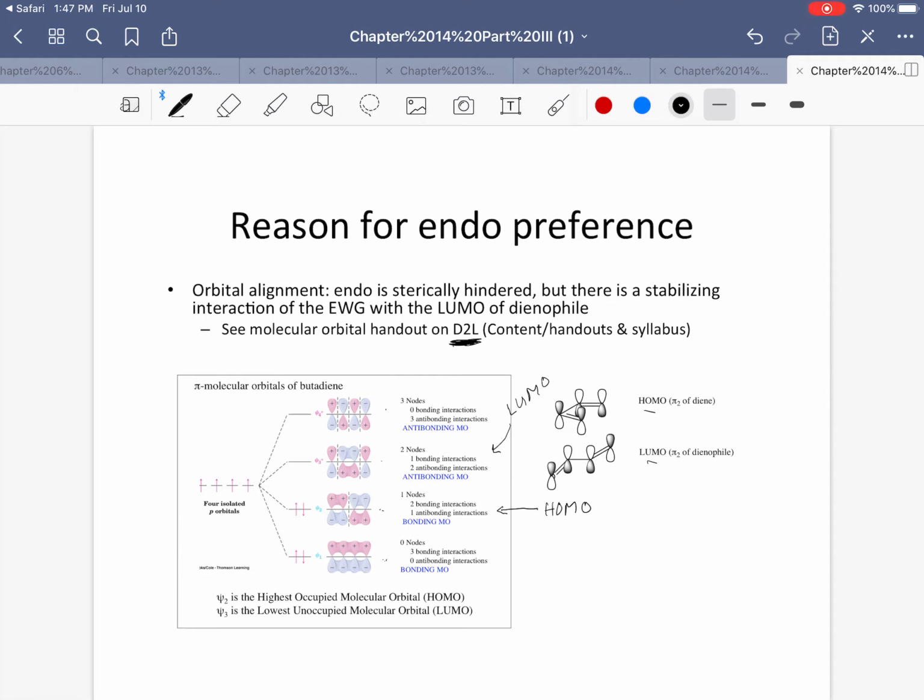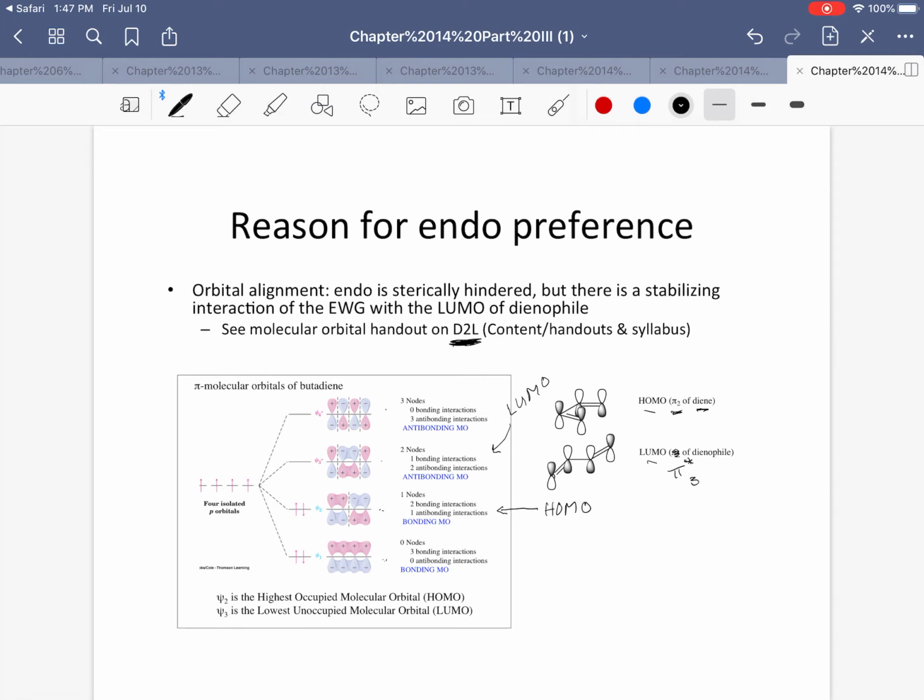In the Diels-Alder reaction, the HOMO of the electron-rich diene adds to the LUMO of the electron-poor dienophile. So if I map these molecular orbitals on here, I've put pi 2 onto the diene, and then pi star 3 is the LUMO, and that is mapped onto the dienophile.